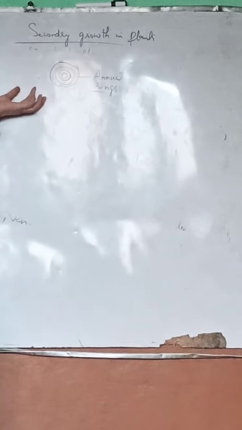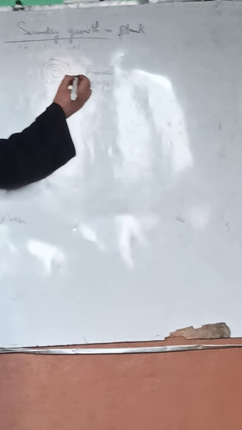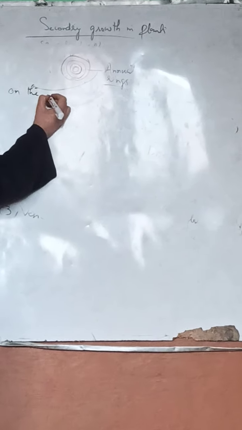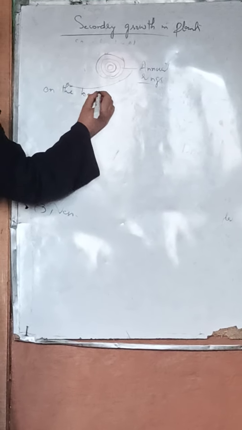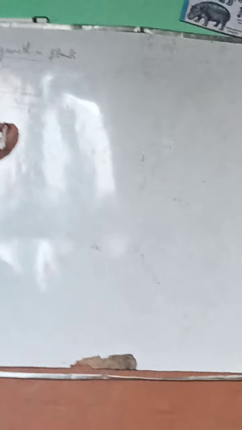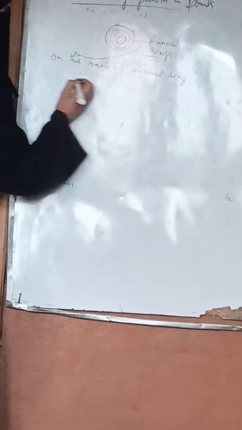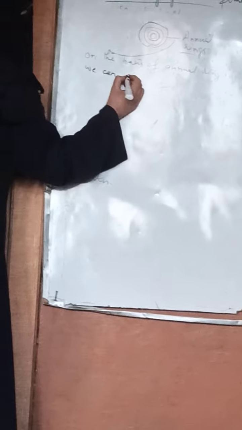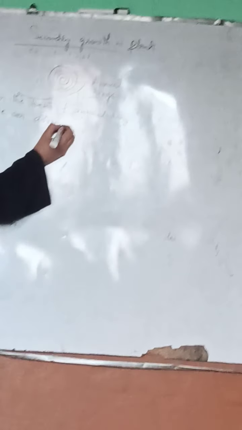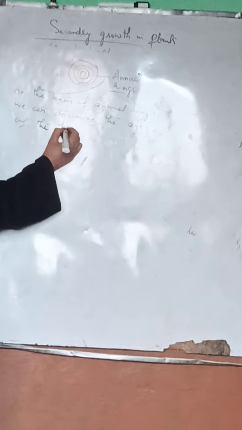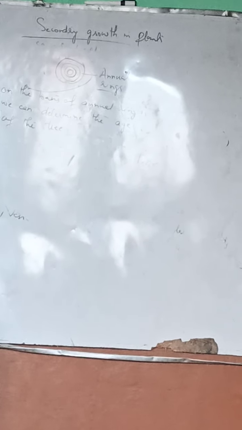So we can count the annual rings, and on the basis of annual rings we can determine the age of the tree, because one ring is formed per year.